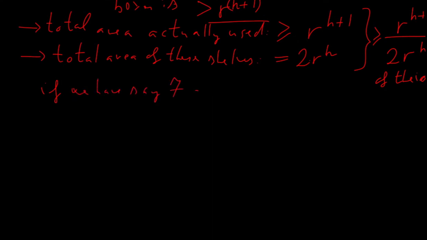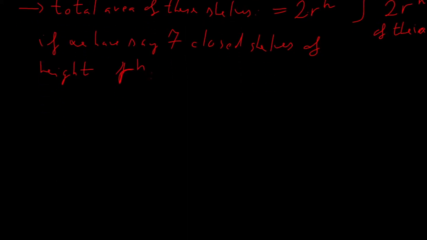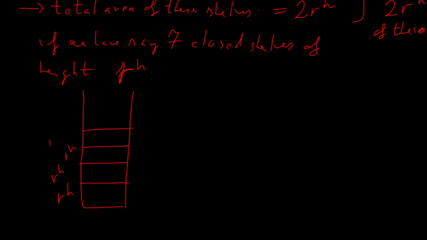7 closed shelves of some height, say r to the h, and then again, similarly to the case when we analyzed the next fit algorithm, we have one closed shelf and the second closed shelf and the third and the fourth.